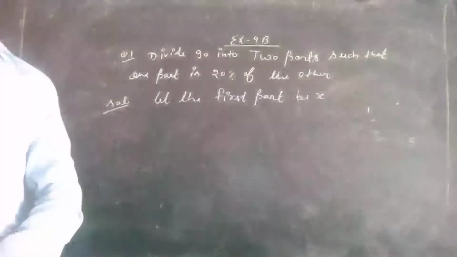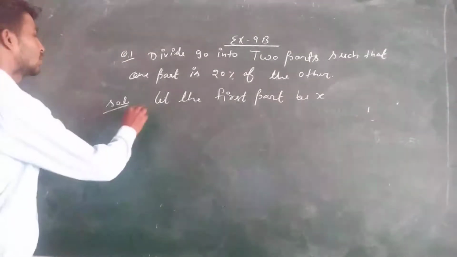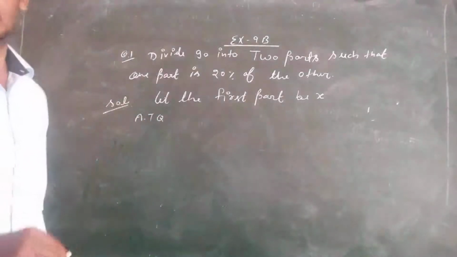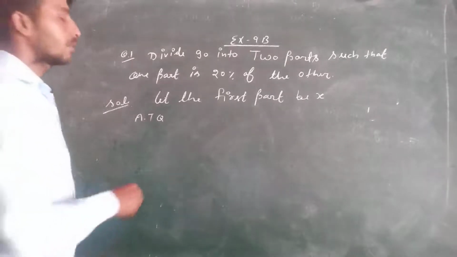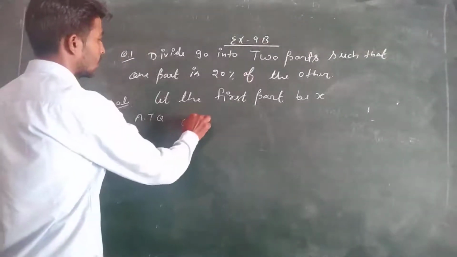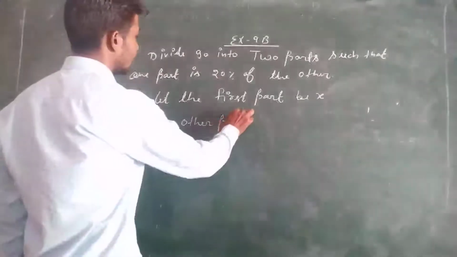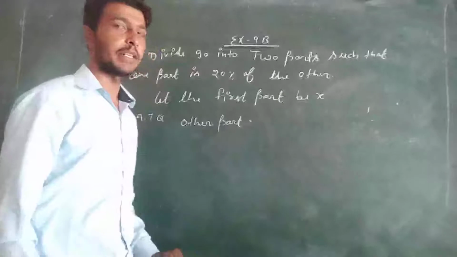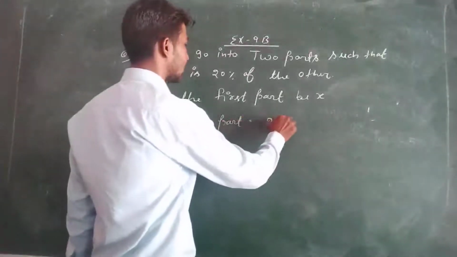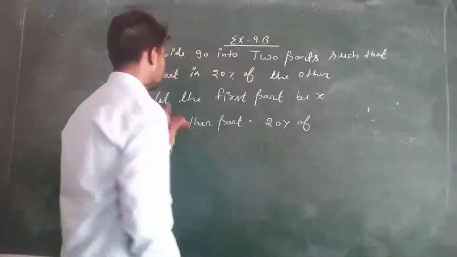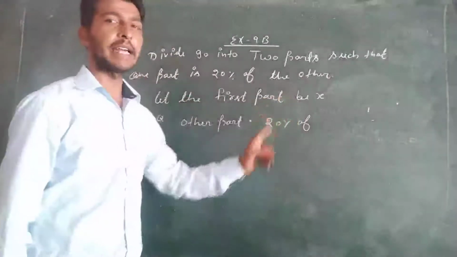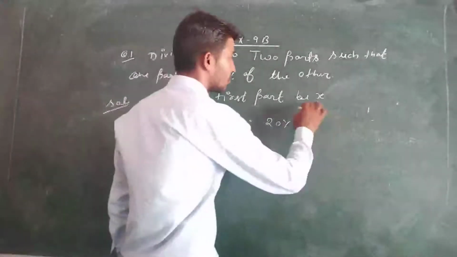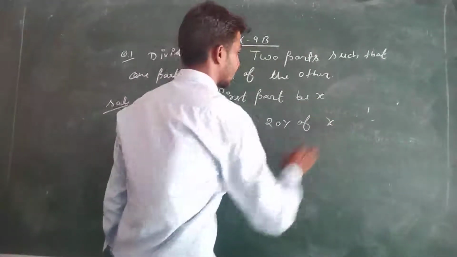Let the first part be x, then according to the question, the other part is 20% of the first part. So 20%, and how much is the first part? We will let the first part be x, so we will write here the other part is equal to 20% of the first part, and the first part is x.